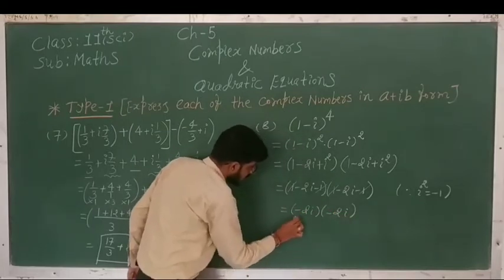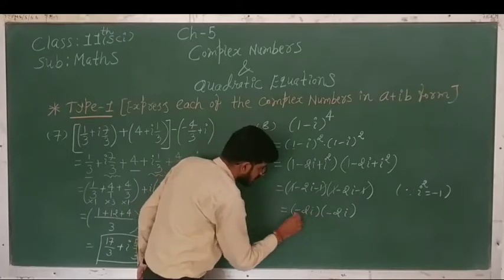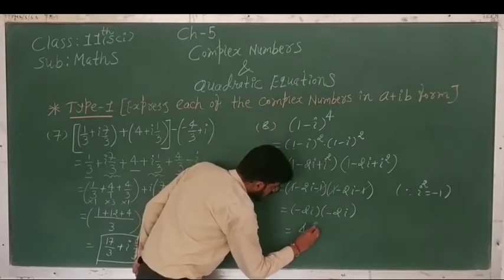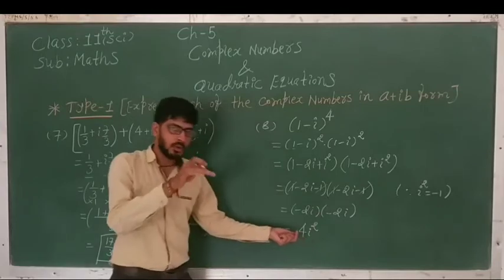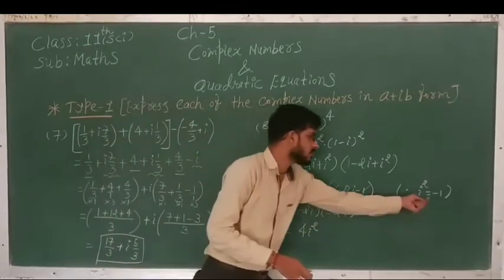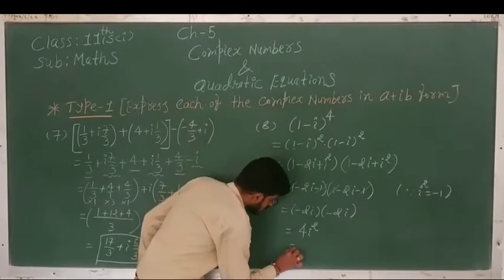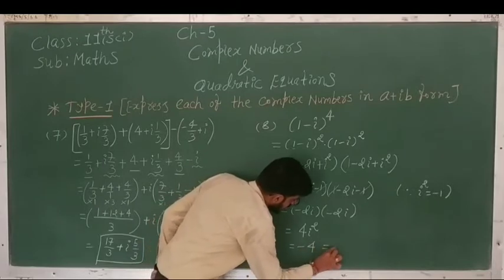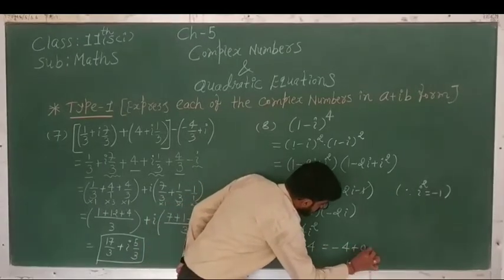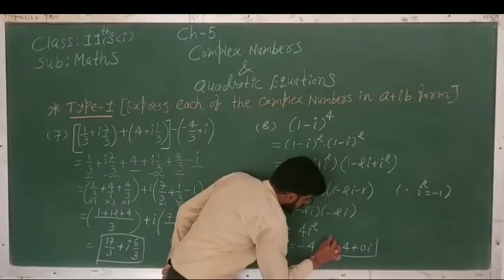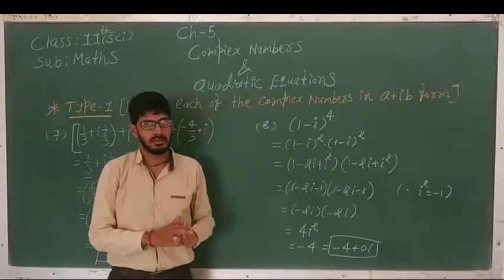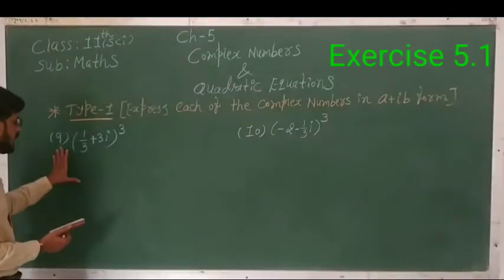Now multiply. So 2 twos are 4, minus minus plus, 4i into i square. Again put the value of i square as minus 1. So it gives minus 4. And we can write minus 4 plus 0i. Is it clear? Next, question number 9.